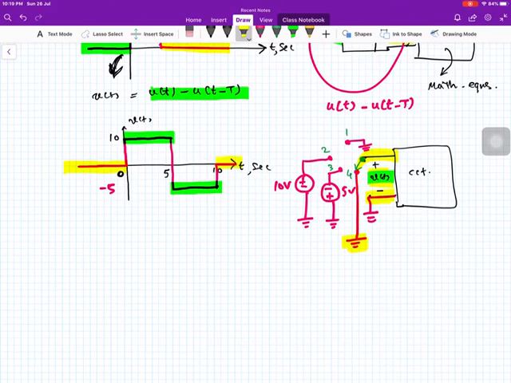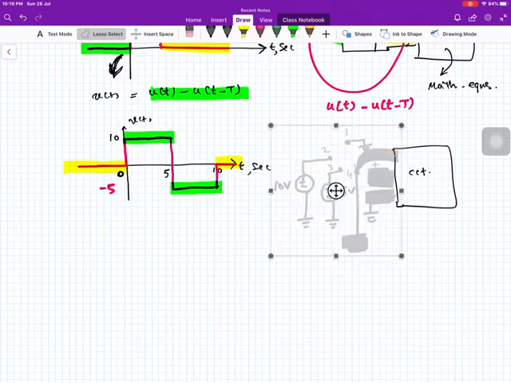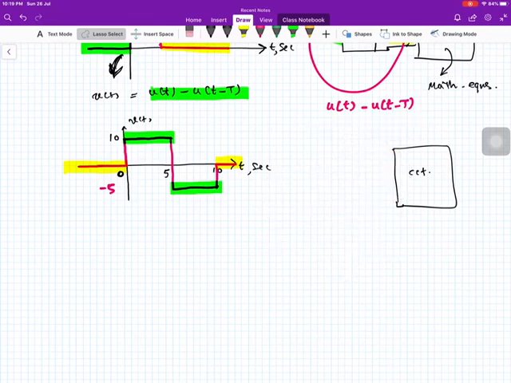So instead of showing this complex diagram, we just write Vt here, and then we try to express this in the form of a mathematical equation.